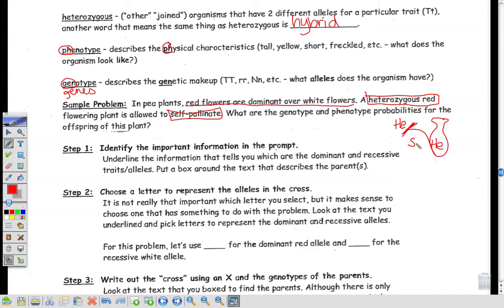So they have the same DNA, the same genetic makeup, right? And so self-pollinating just means that the pollen from the male part of the plant lands and fertilizes the egg in the female of the same plant. So that means that both parents are heterozygous.